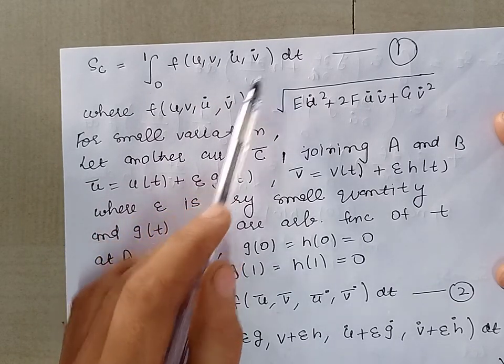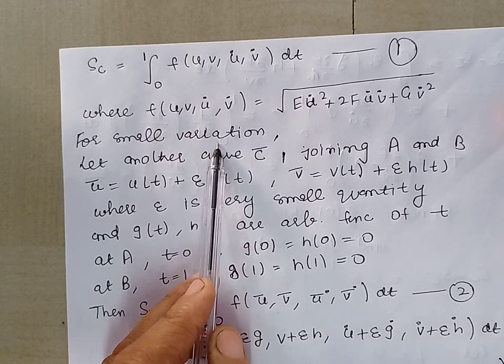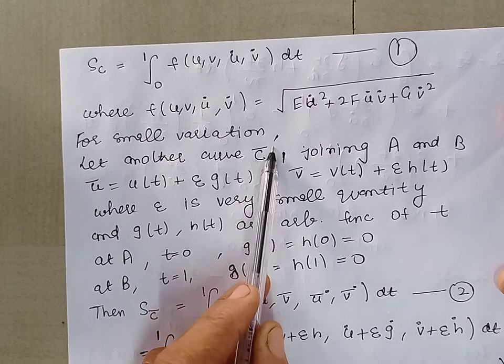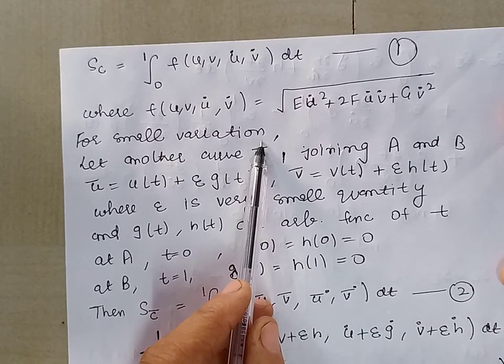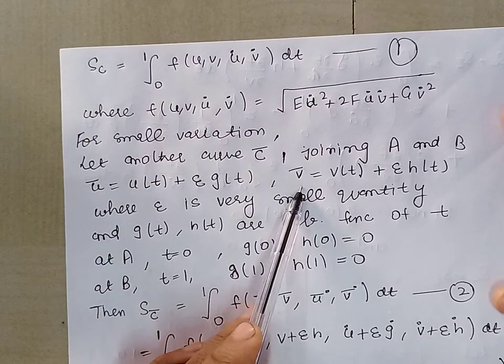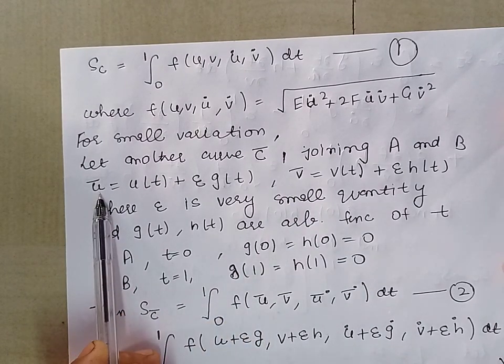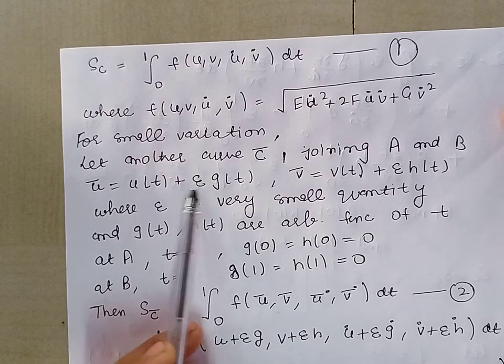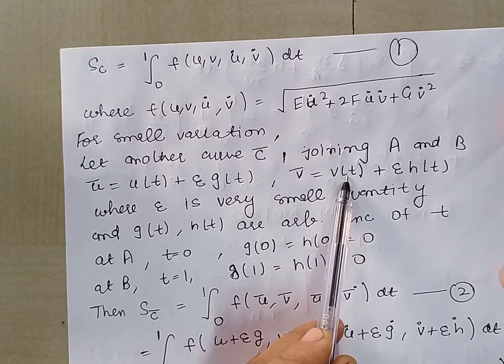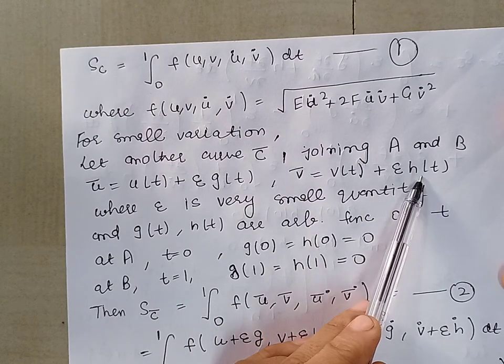Now, let us take for the small variations another curve C bar joining the points A and B. And this curve C bar is denoted by the parameters u bar and v bar. Now, u bar we have taken as u plus epsilon into g, and v bar we have taken as v plus epsilon into h.